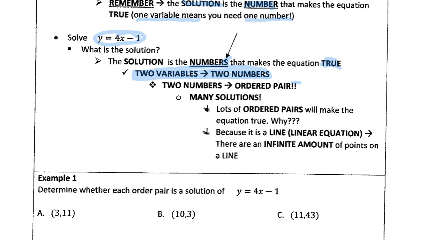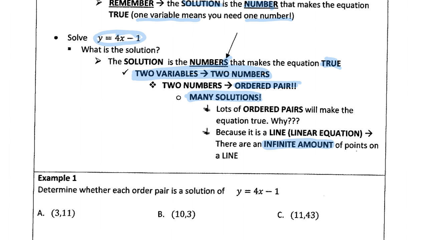Two numbers means that it becomes an ordered pair, and there are many solutions, because it makes a line, and there's not just one dot or one ordered pair. The line is the whole thing, and lines go on forever and ever, so there's an infinite amount of solutions.